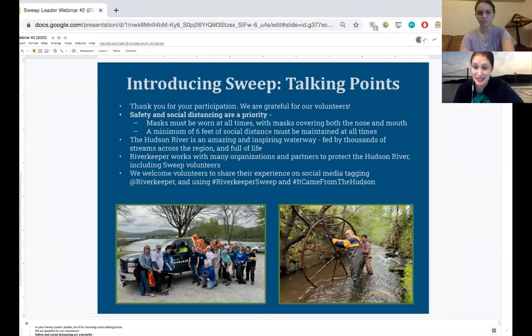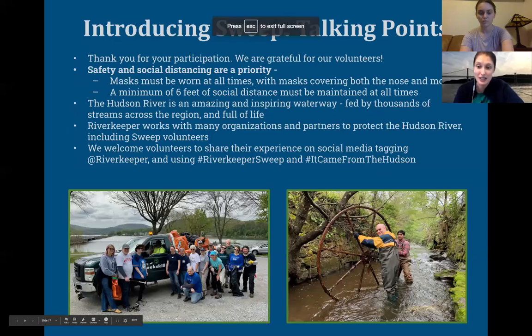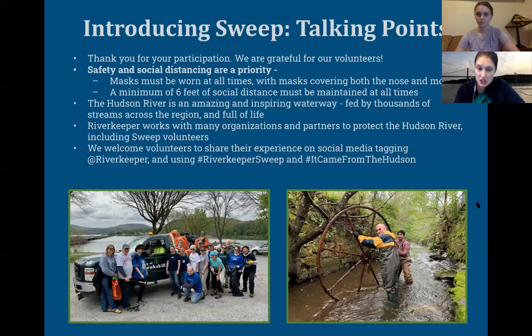We are streamlining the talking points a little more than they've ever been, but still starting off with gratitude and appreciation for participation, and then really taking the time to emphasize the importance of mask wearing, covering both the nose and mouth, and a minimum of 6 feet of social distance at all times.